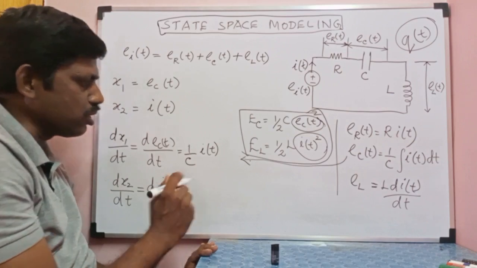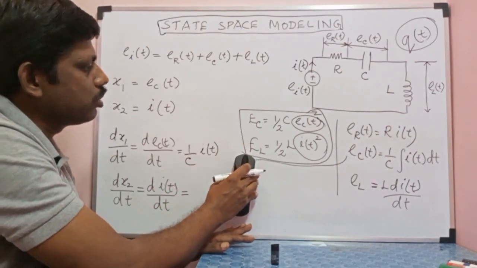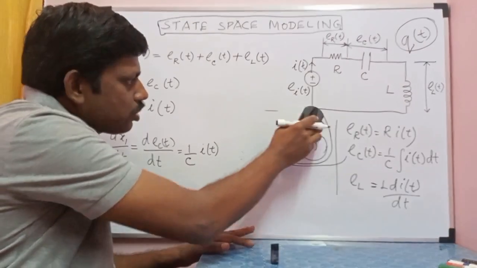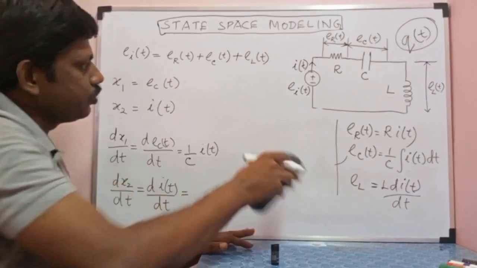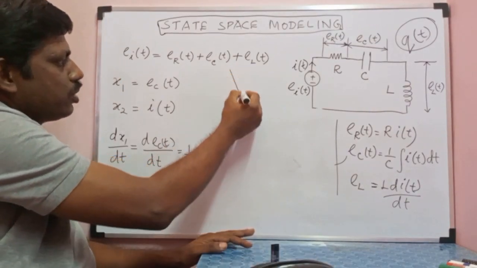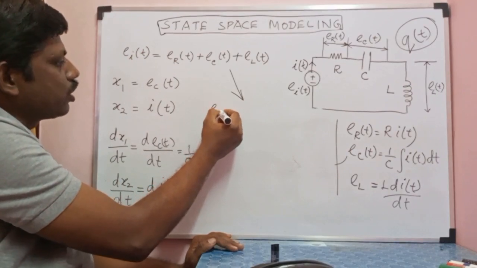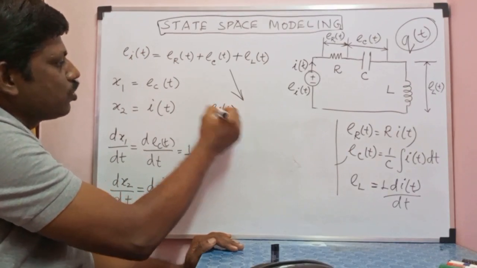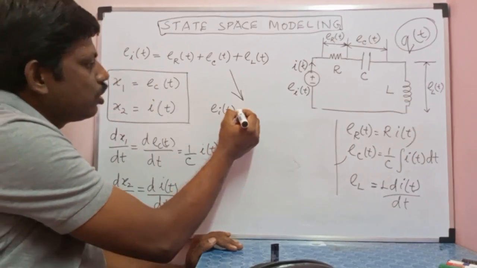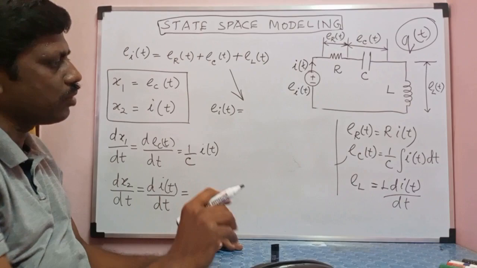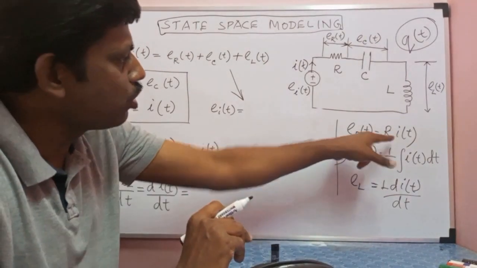And the second equation, from where will I get it? I'll just erase this. This is the equation, right? Now let me write this equation in terms of the state variables. E_I of t is equal to E_R of t plus E_C of t plus E_L of t. What is the expression for E_R of t? R into I of t.